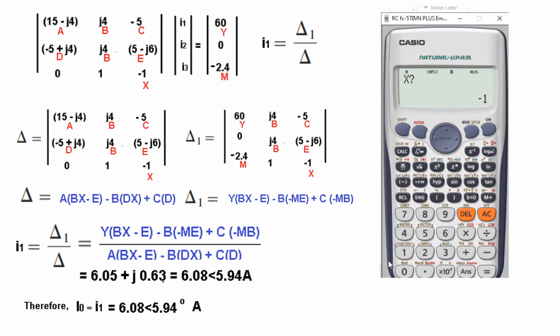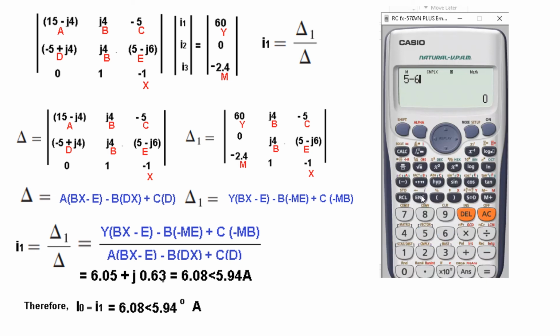Then it is asking for x. X is equal to minus 1. We can just write minus 1. Although it is showing, we can put equal sign, but it is better that I write this so you understand. Then for E, now E is 5 minus j6. So it is 5 minus 6i.